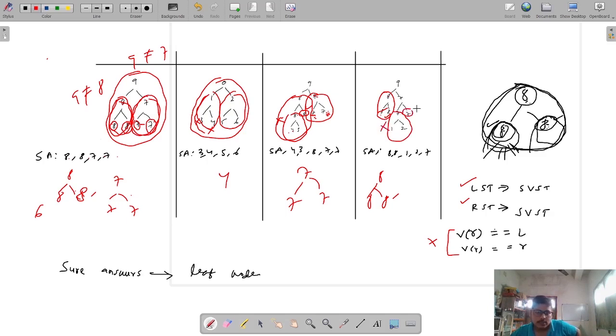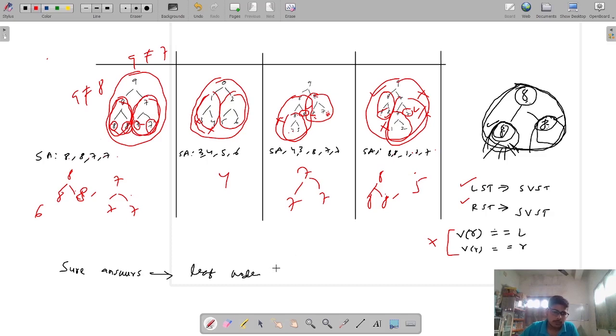So whatever this is, yes or not, we don't really care about that, because it will never be a single value subtree. So 7 7 7 1 2 is not a single value subtree. So as this is not a single value subtree, this is a single value subtree, but this is not a single value subtree, right? So it will never be a single value subtree. So the answer is 1 2 3 4 5. Okay, so I hope you understood that.